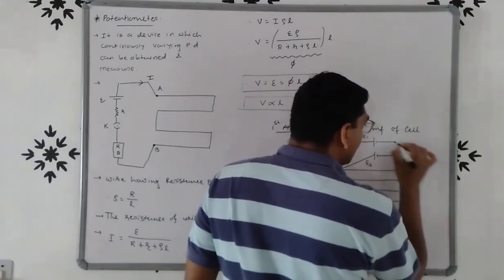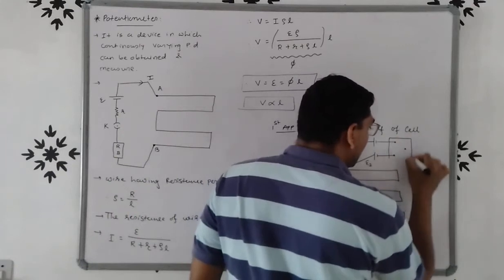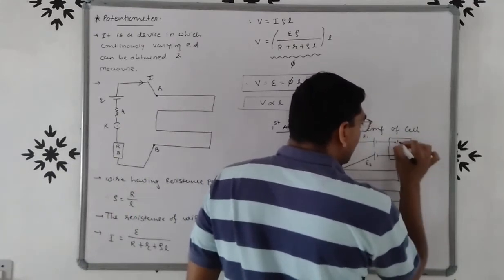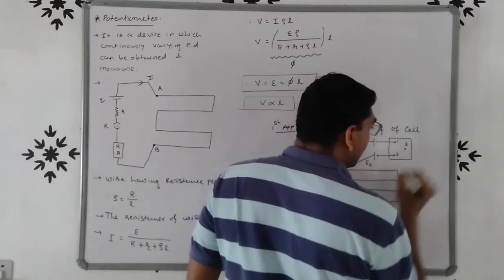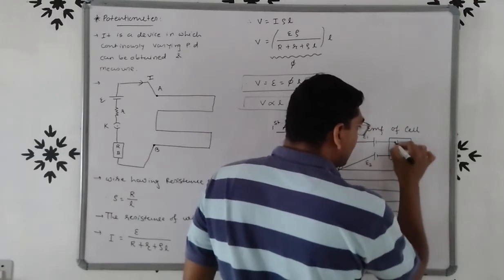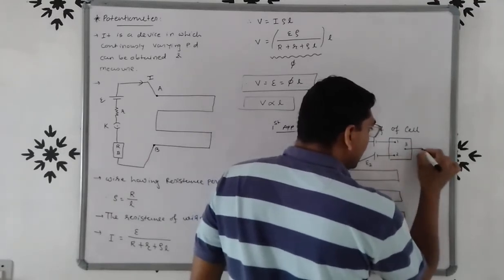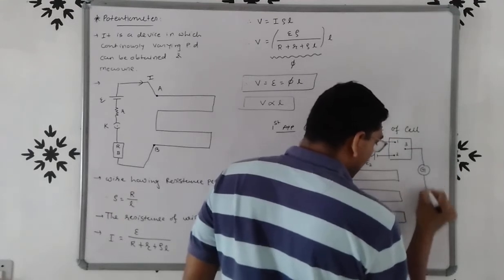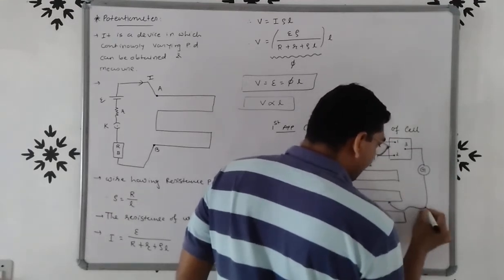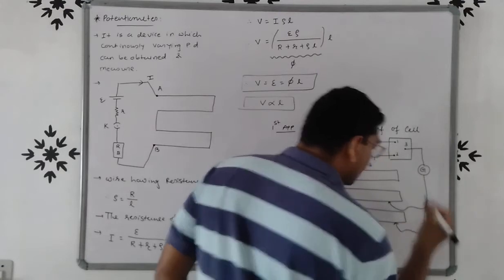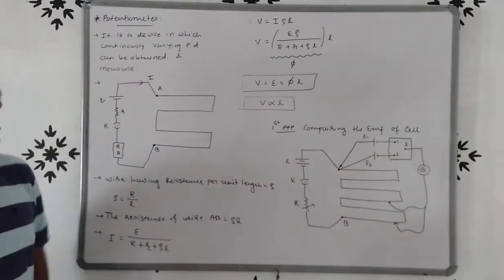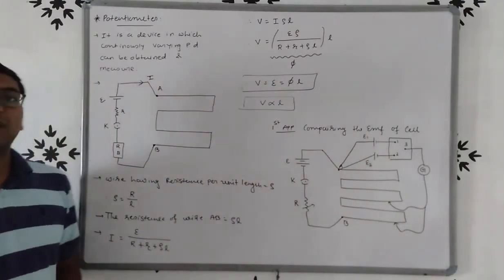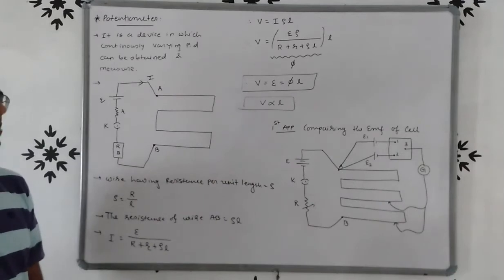The negative terminals of the batteries are connected with a three-way switch like this, 1, 2 and 3, right? The third terminal of the three-way switch is connected with a galvanometer and jockey, like this. So this is the circuit diagram to compare the EMF of cells.